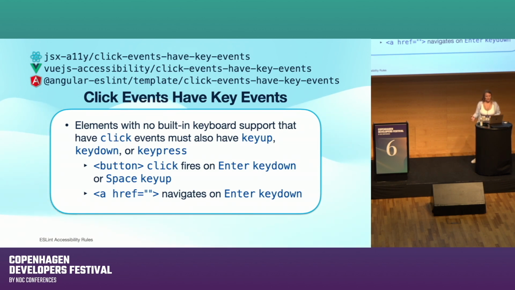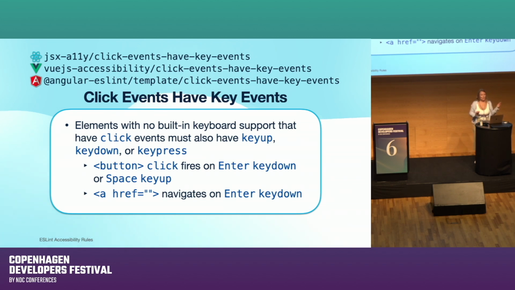In other words, that button's click event is activated with Enter or Space without giving it explicit key events. And an anchor link with an href can be navigated with an Enter key typically. So not only does keyboard support make interactive controls more accessible for keyboard users, but it also enables assistive technologies, like when a screen reader announces information about the focused element, or a switch device is used to navigate a web page.